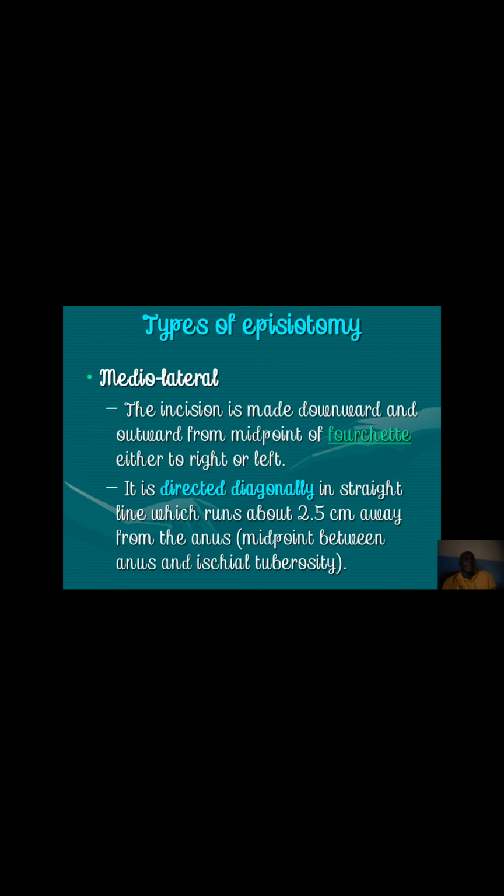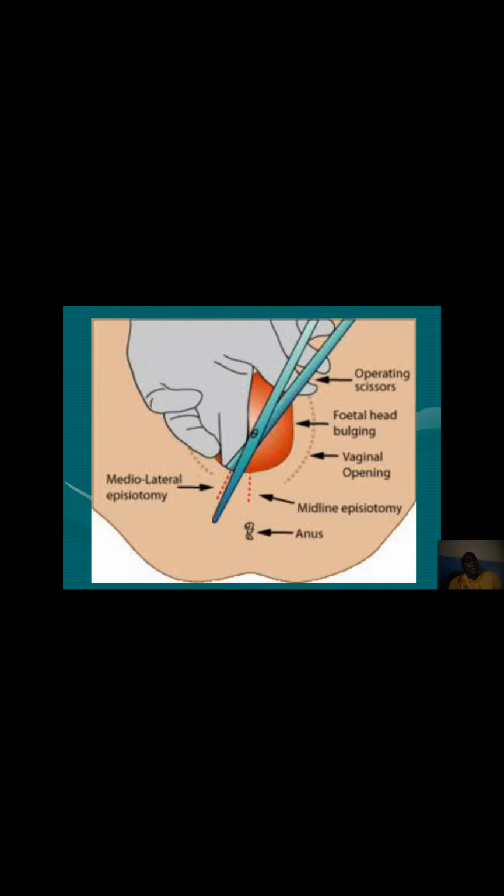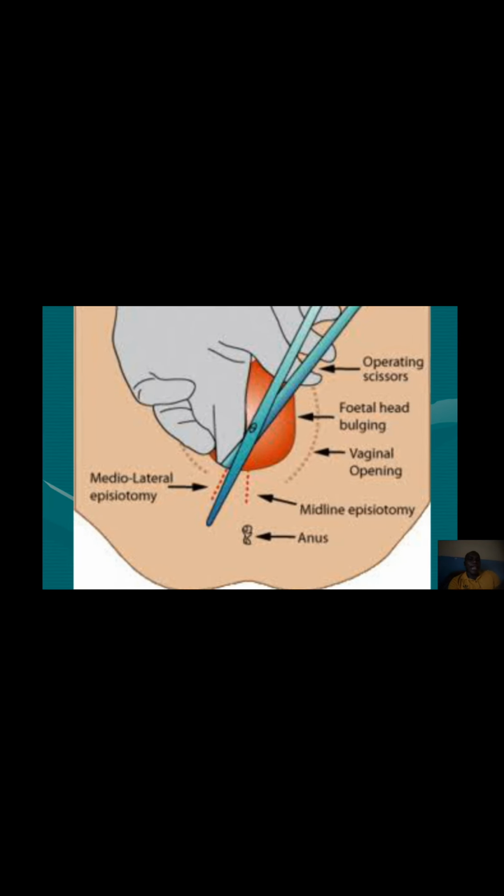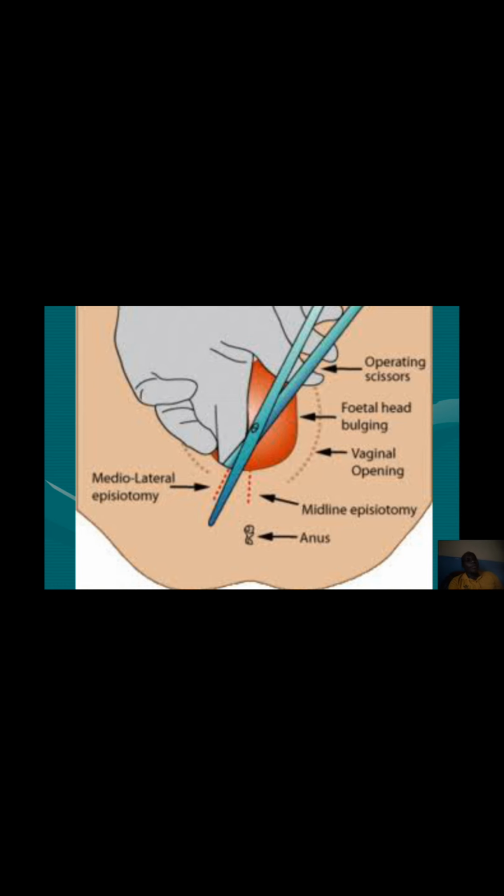As I said, it is directed diagonally, in a straight line about 2 cm away from the anus, at the midpoint between the anus and the ischial tuberosity. In short, this is how medial lateral episiotomy is done. Here you see the perineum and the fetal head.